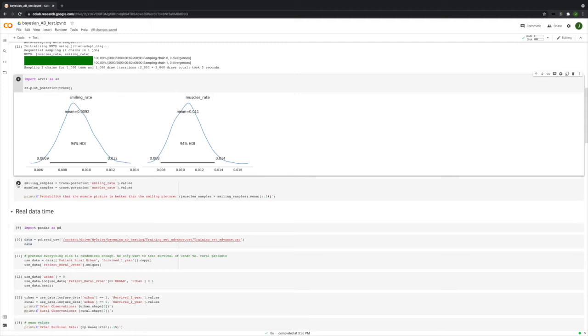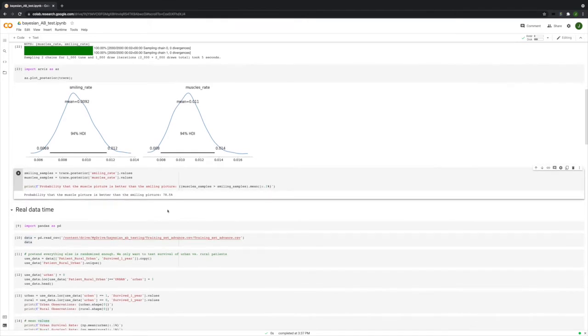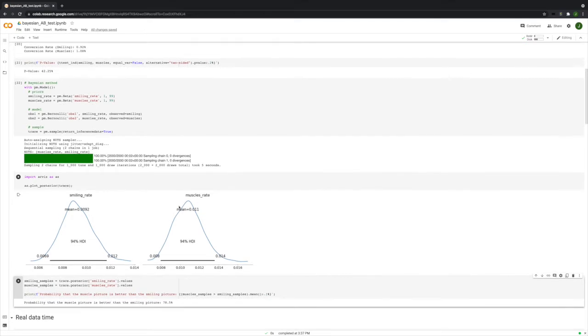And that's going to tell us the probability that the muscle picture is better at driving conversions than the smiling picture. We get 78.5%. So in a usefulness kind of context, this p-value says we can't really tell the difference between them. And this one says maybe we can't tell the difference between them, but it is pretty likely that the muscle picture is better.